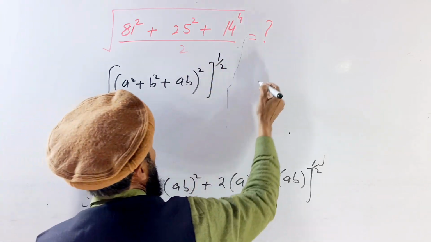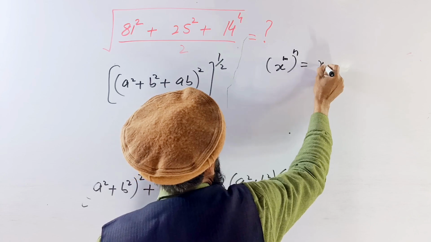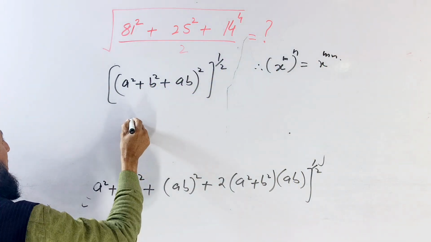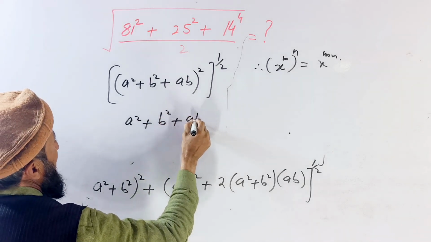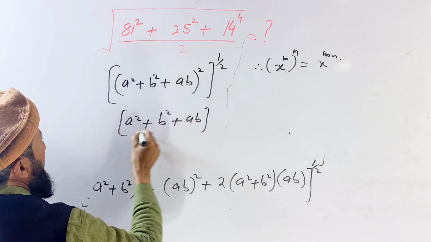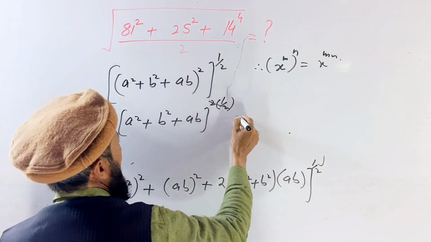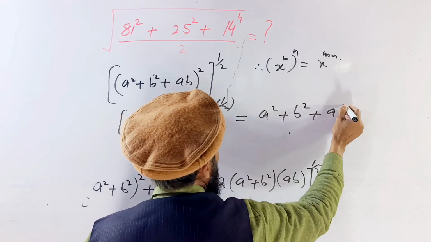Now according to the rule (x^m)^n = x^(mn), we get 2 times 1 by 2, both cancel. We get a^2 + b^2 + ab.